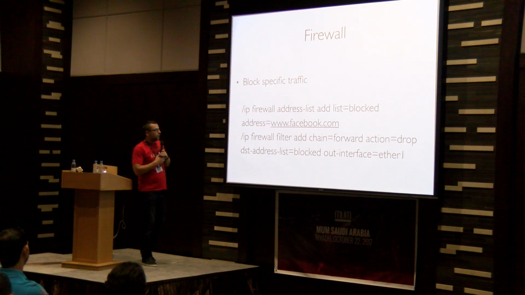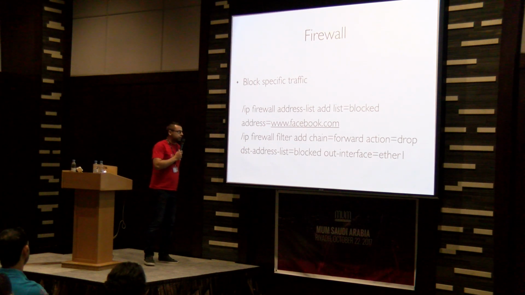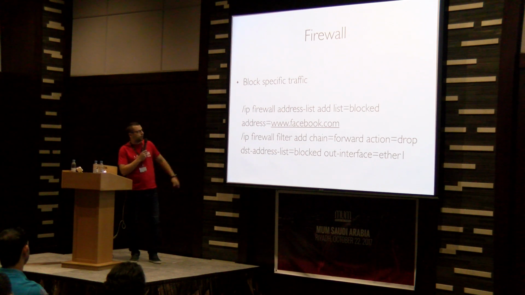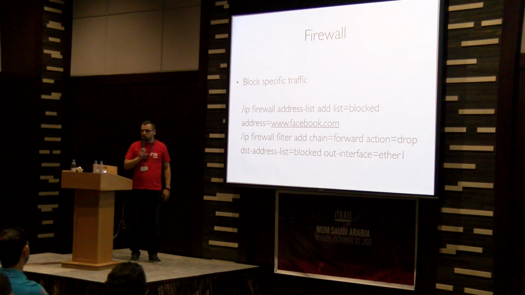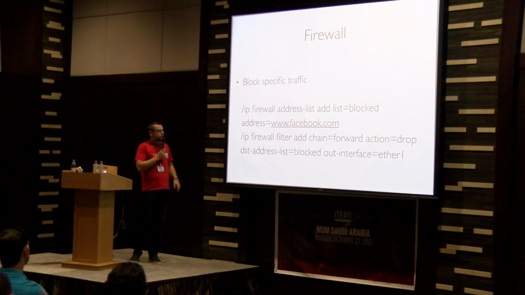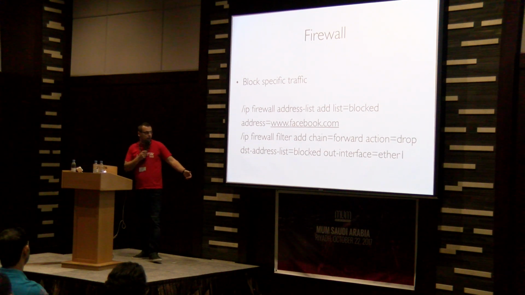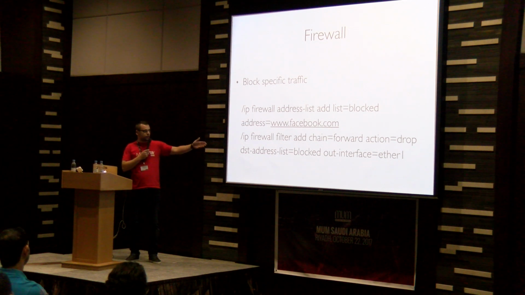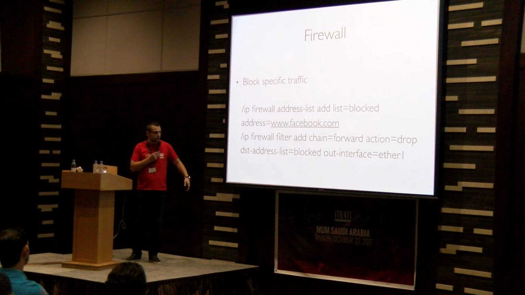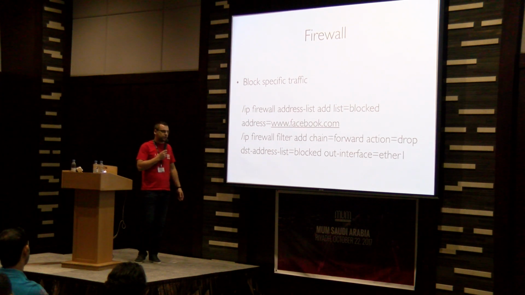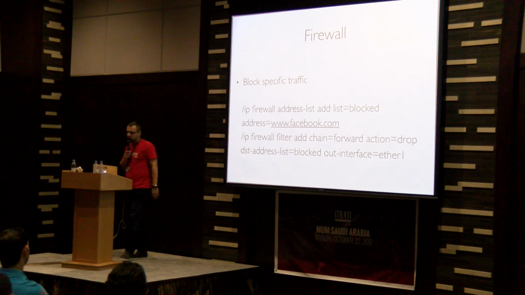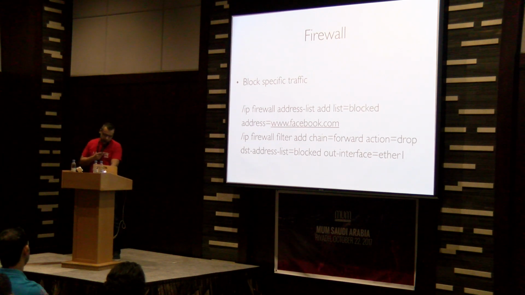But now, we have made new functionality in address lists, and we can simply add an IP firewall address list, add some name you want, and type in a domain name, for example, Facebook, and create a simple firewall filter forward chain rule, which will drop access to the destination address list called blocked. In my case, it contains all Facebook IP addresses, and users won't be able to reach all domain names included in this blocked address list.